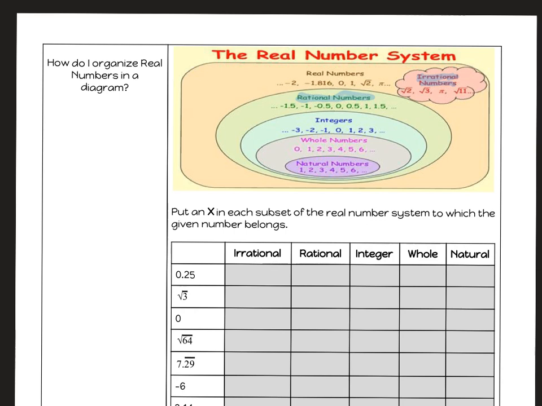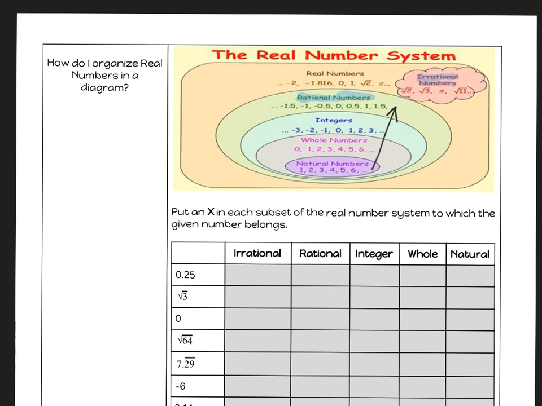Then within rational numbers, we have three other subsets. It's natural to feel like, how am I going to remember which ones are which? So we have a mnemonic that's going to help you memorize which ones are which, and we're going to start with the smallest subset and go out. So we're going to work from natural to whole to integers and to rational numbers.